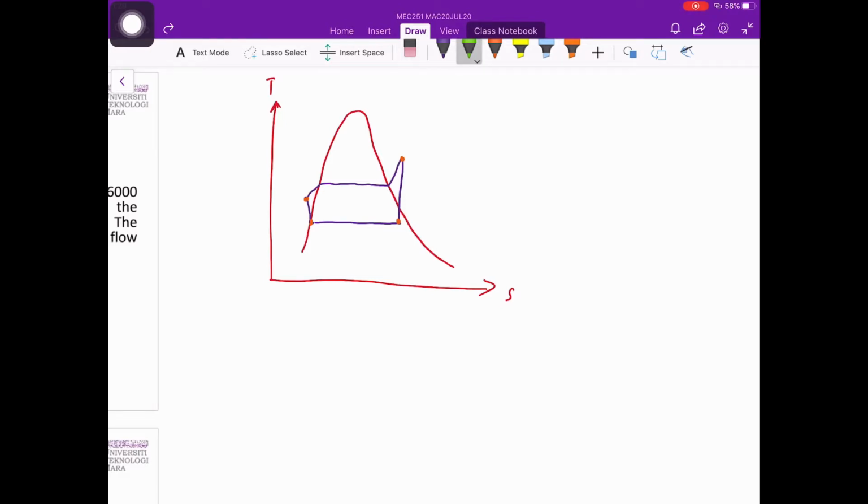For this example, let's have state 1 leaving our pump, state 2 before entering our turbine, state 3 before entering our condenser, and state 4 before entering our pump.